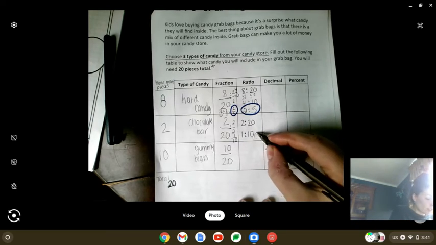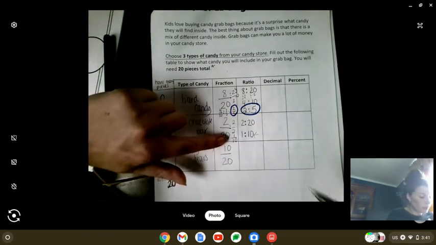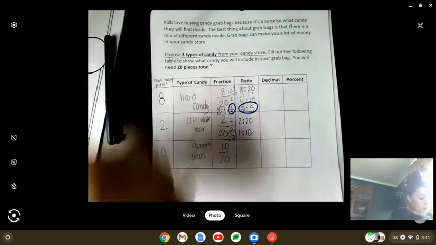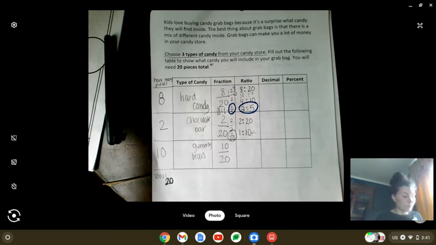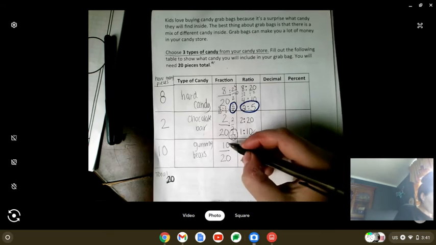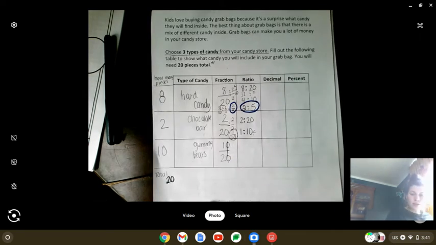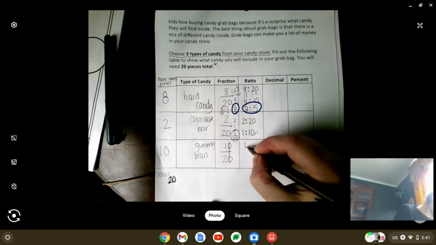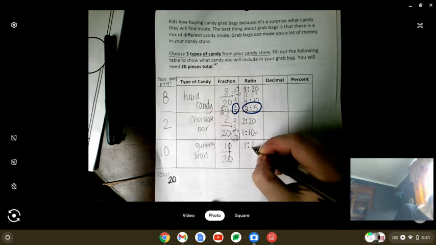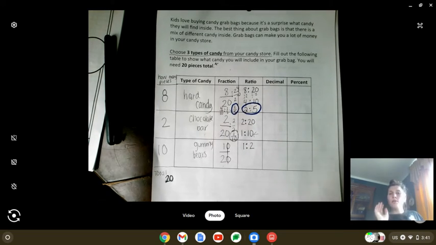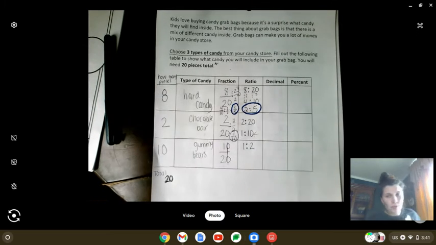This one is just the simplified version, just like this is the simplified version of the fraction. My last one, I'm just going to get rid of my zeros, and I have 1/2. 1 out of 2. Pause the video. Go ahead, figure out your ratios. Come on back when you are ready.